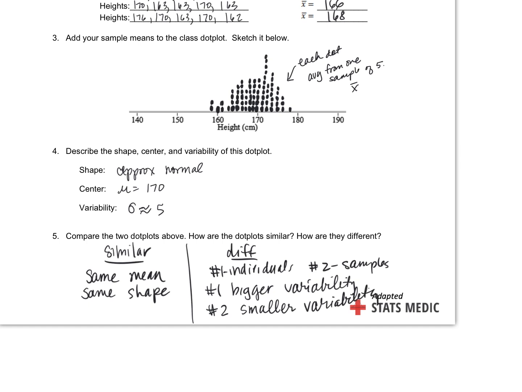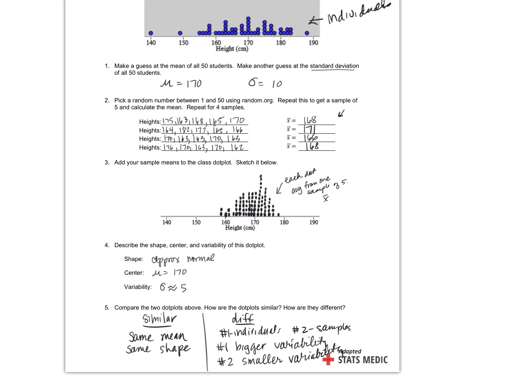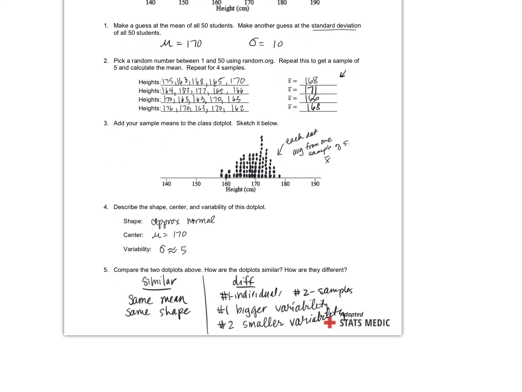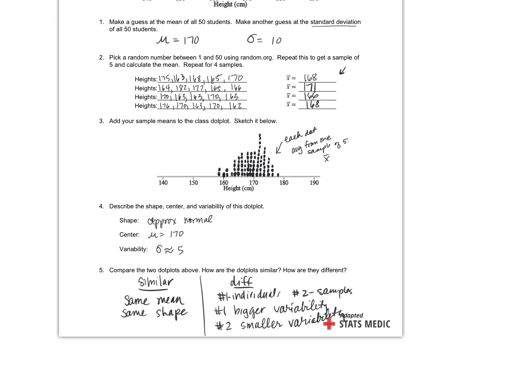Okay? So we went from individuals to samples, and like we saw in the previous lesson with the proportions, when you incorporate it being samples instead of individuals, our variability is going to go down, right? Lower variability gives us better estimates of the population. We like that. All right?